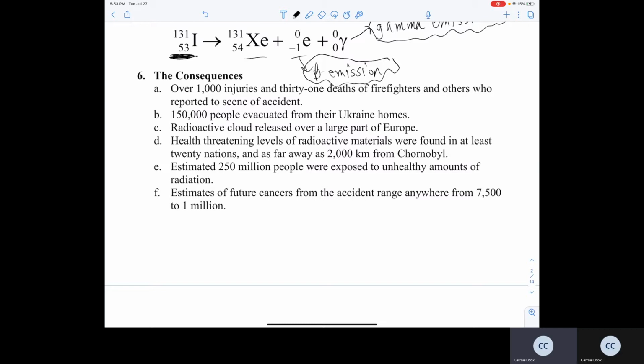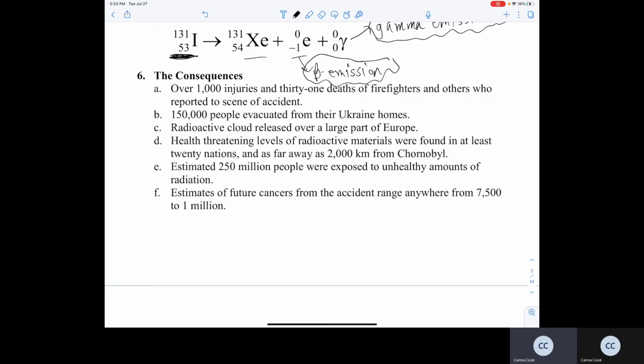Many injuries, many deaths, a radioactive cloud. It covered a large part of not just Ukraine, other European countries were affected as well. And so, therefore, at least 20 nations were affected. At least people in 20 nations had health effects, threatening effects as a result of the release of all that radioactive material.